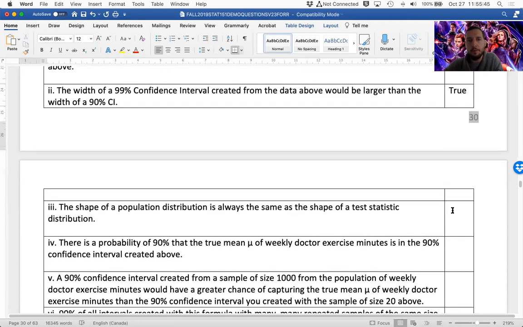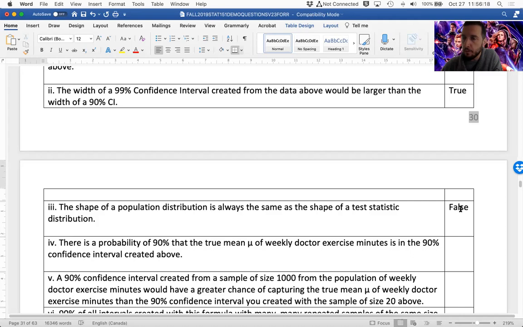The shape of the population distribution is always the same as the shape of a test statistic distribution. This is false because, for example, if we collect a sample of size 50 from an exponential distribution or from a right skewed distribution, like we did on assignment 6, the shape of the test statistic distribution, which is actually just the shape of the standardized mean, isn't the same as the population.